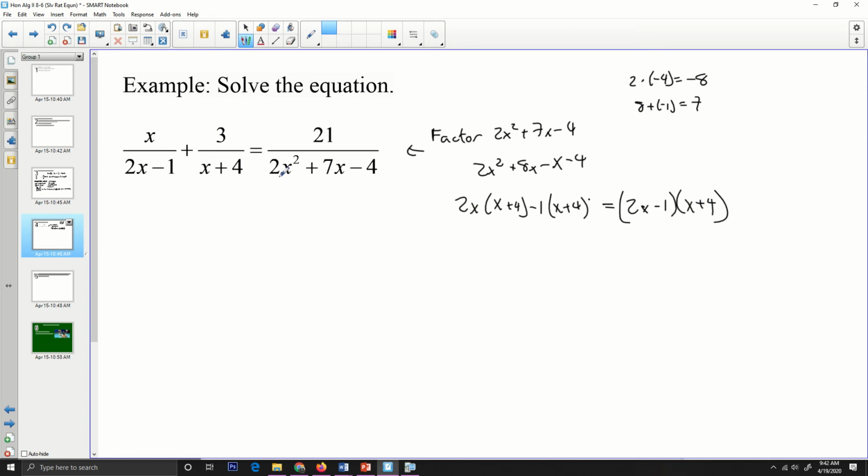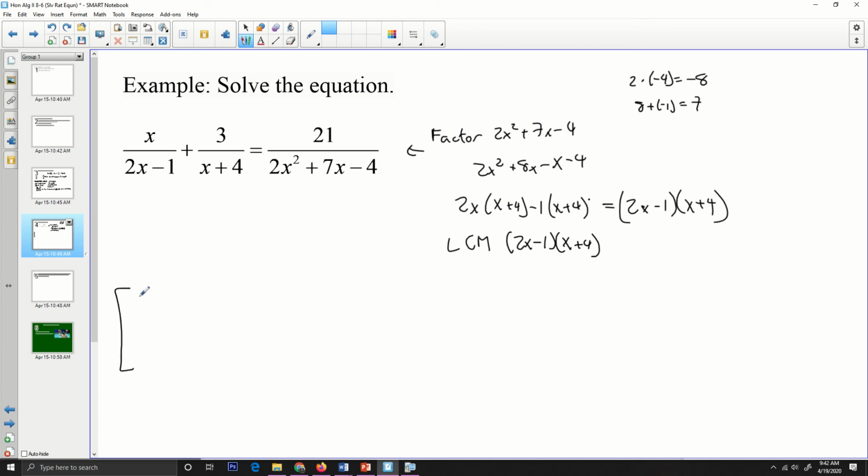So the good news here is that the LCM of all three of these denominators is 2x minus 1 times x plus 4, which are these two values. So here's what we're going to do.